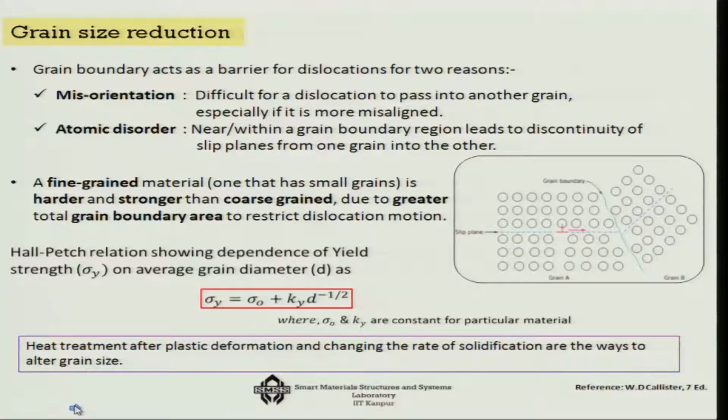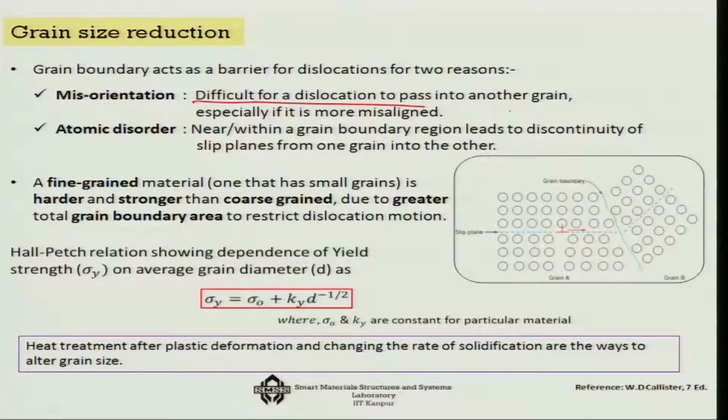That means if there are two grains and their lattices are not oriented the same way, then it will be difficult for a dislocation to pass into another grain. So, if there is a loss of alignment between the lattice structures of the two grains.